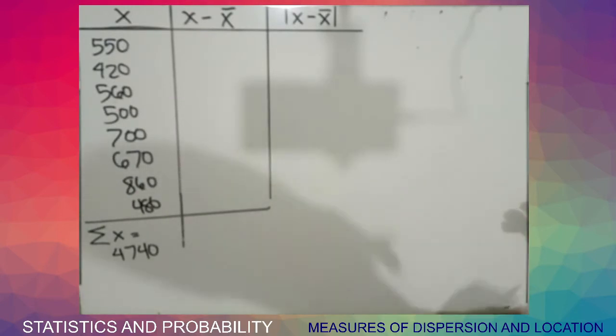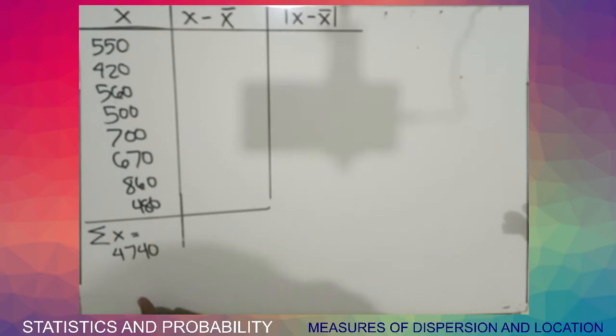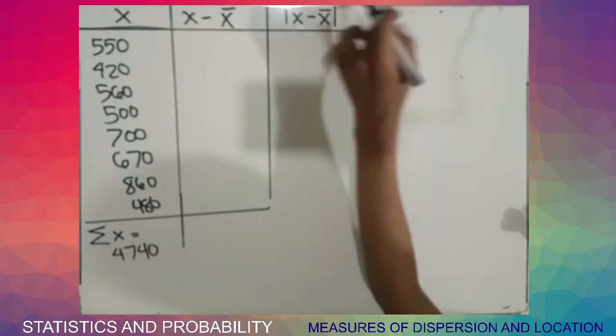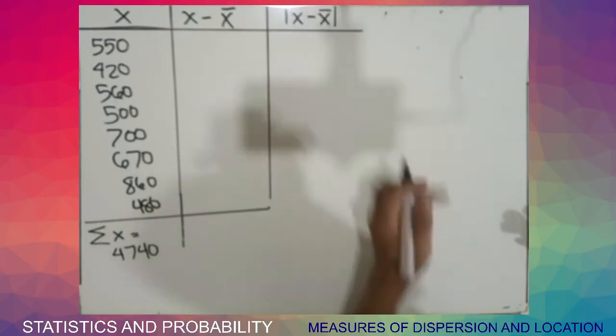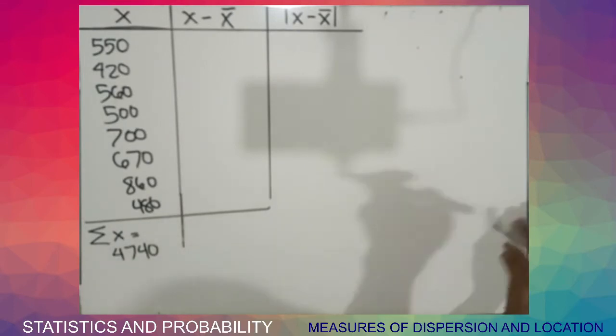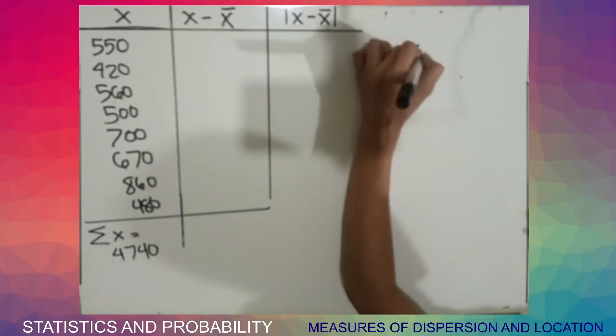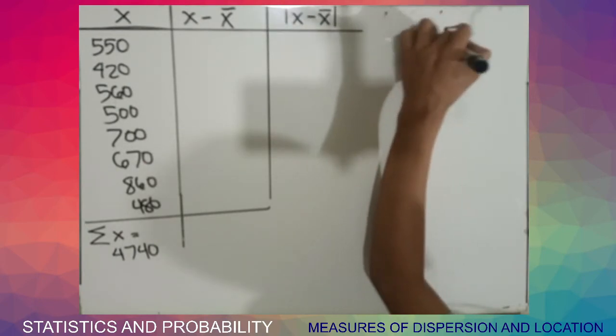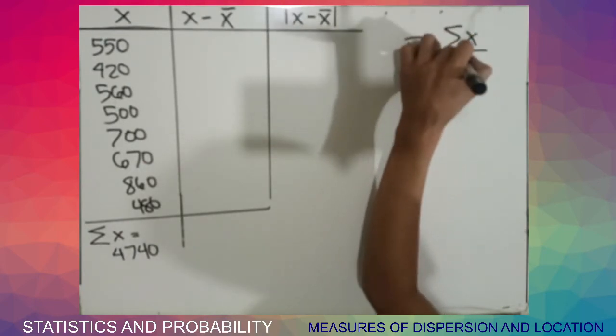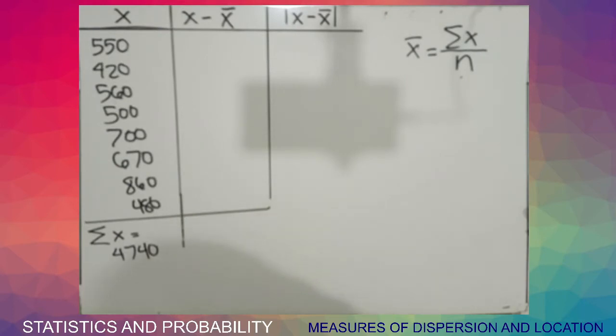Okay? So, next, we will compute yung ating mean. Since yung ating data ay sample, gagamitin natin si x bar is equals to summation of x over n. Okay? So, ito yung gagamitin natin.